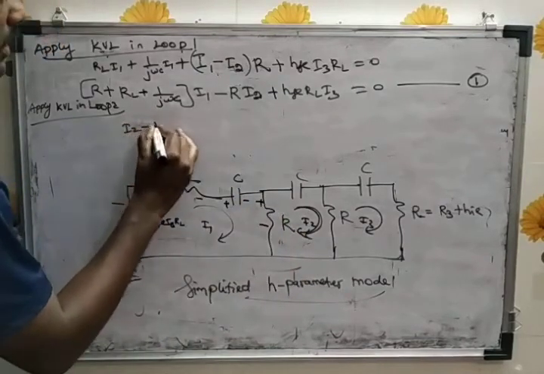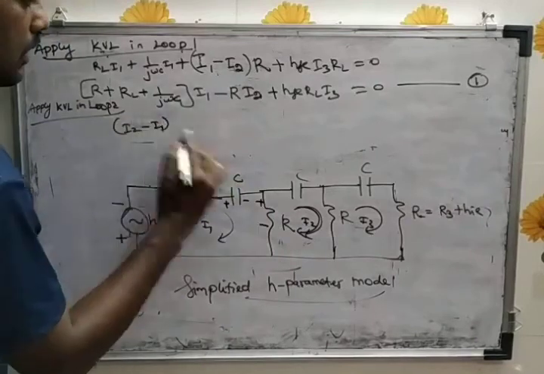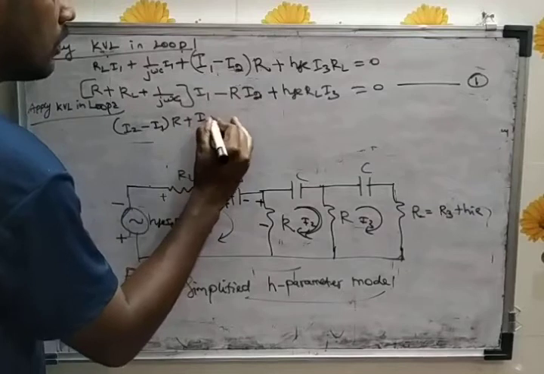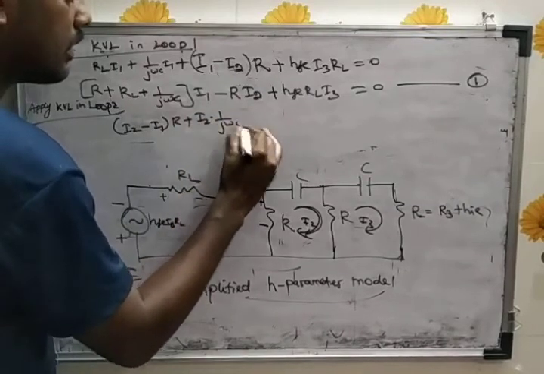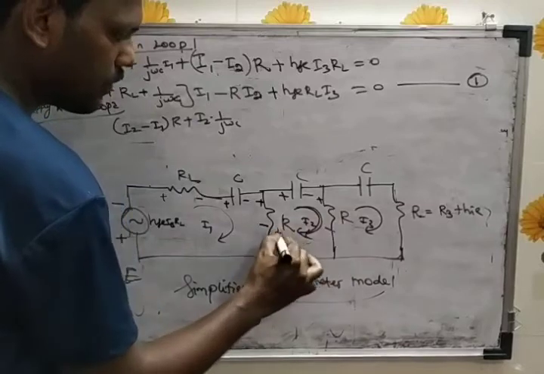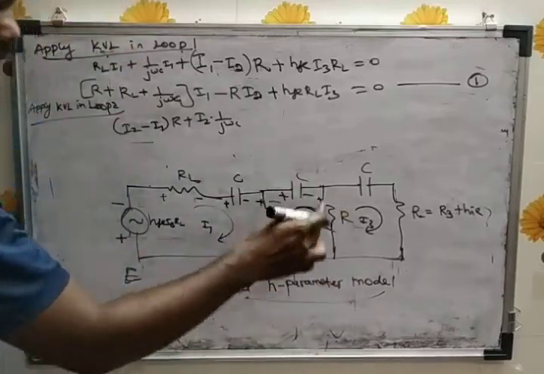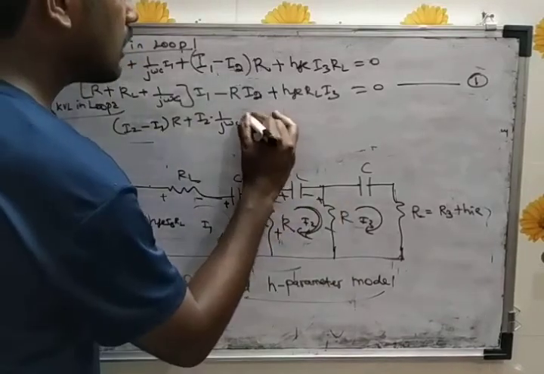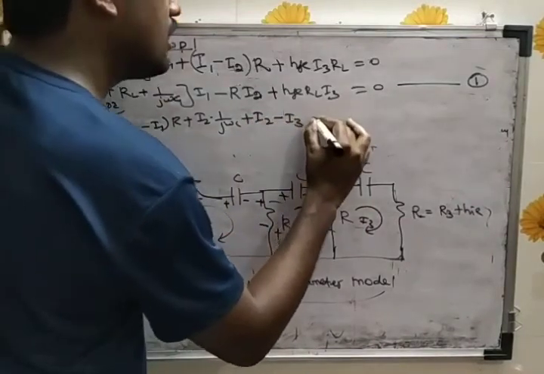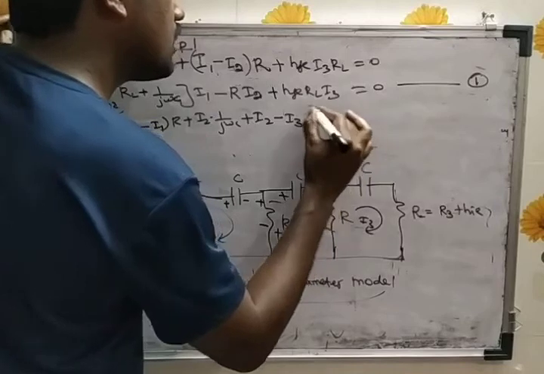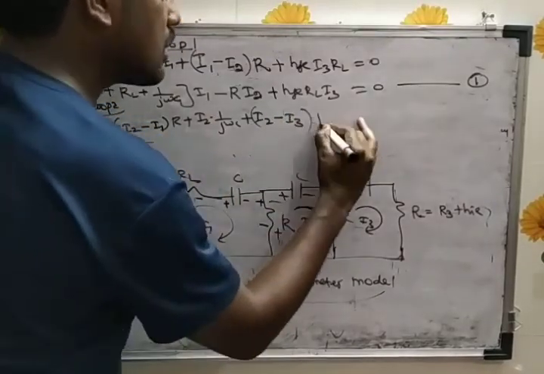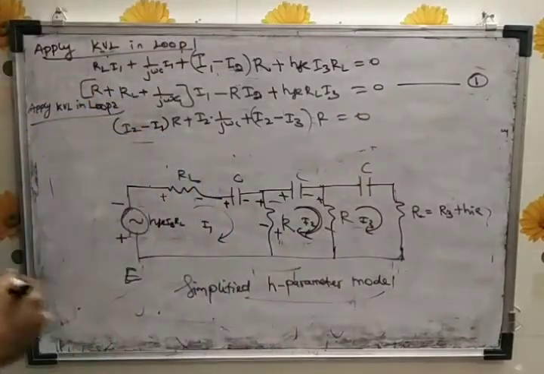So I2 minus I1 into R plus I2 into 1 by j omega C, I2 into 1 by j omega C, here plus minus plus minus plus minus. So plus I2 minus I3 into this R, which is equal to 0.